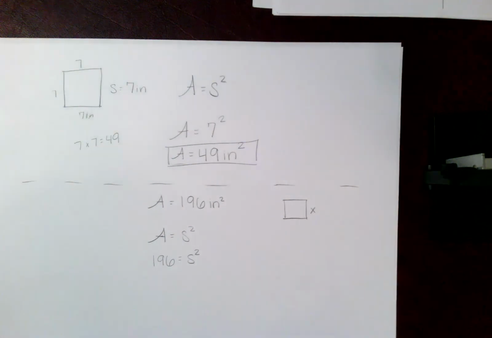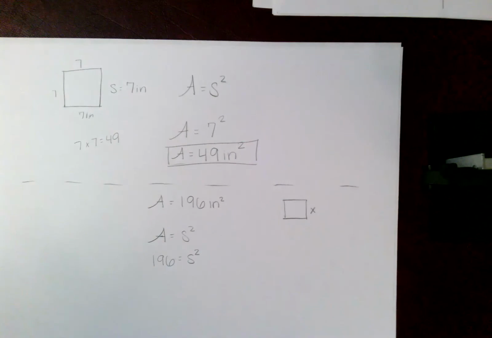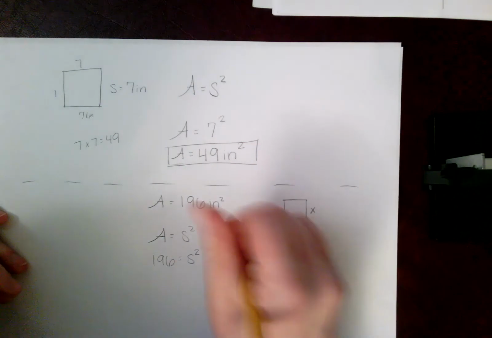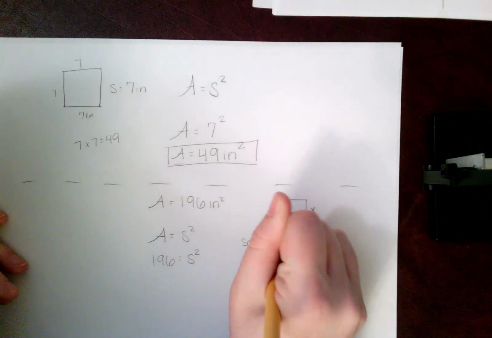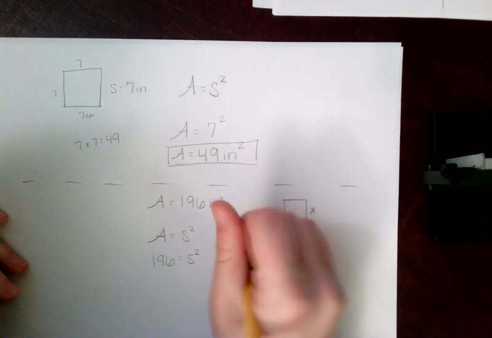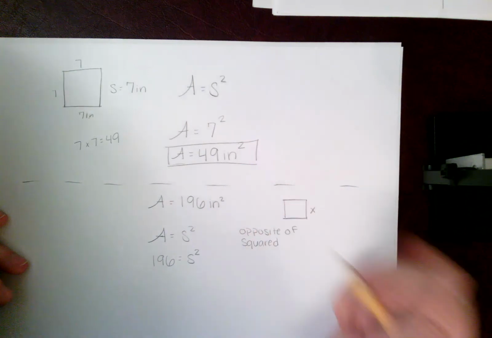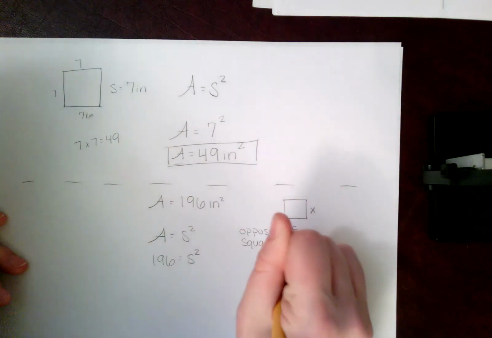So as we discussed in class, we want to figure out how to get this s alone. But right now, it's being squared. It's being times by itself. So we talked about the inverse, or the opposite, of squared, which is square root.